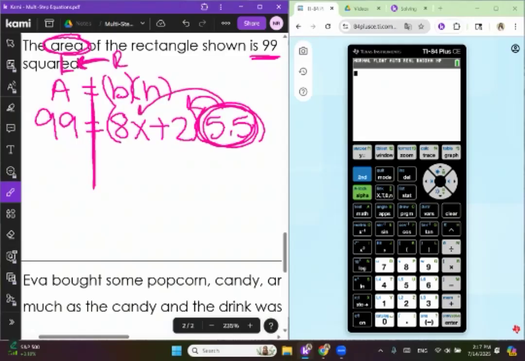And that is okay. So let's start with 5.5 times 8x. 5.5 times 8 is 44. And then 5.5 times 2 is 11.